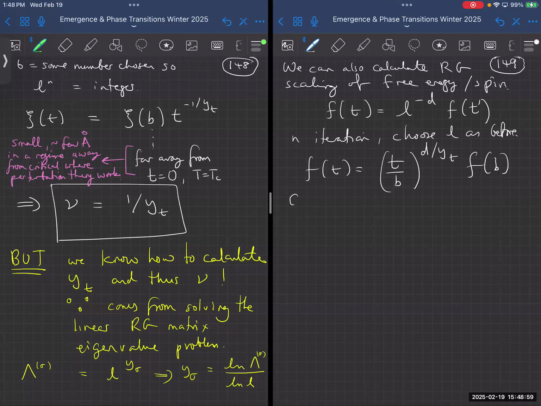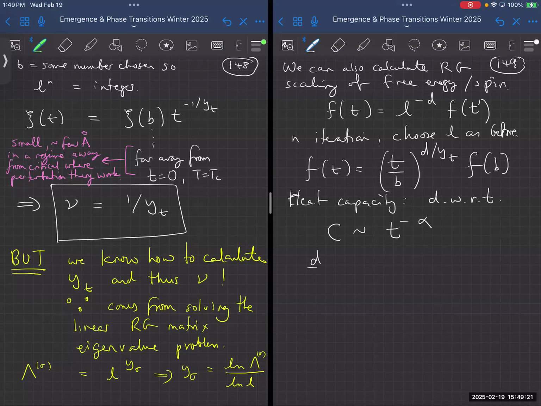If I differentiate to get the heat capacity, I differentiate with respect to T. So that tells me that the C goes as T to the minus alpha. And I can read off what that alpha is.